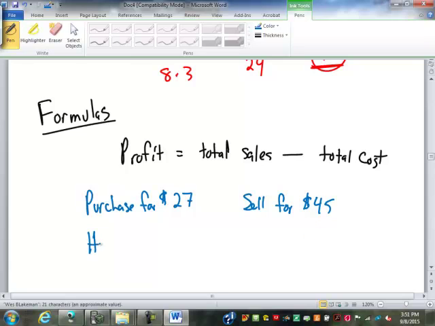How many do we have to sell to earn a profit of $846?